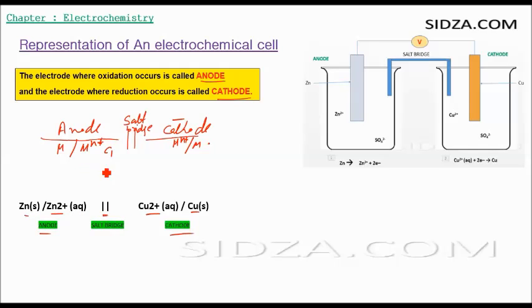So this is how we represent an electrochemical cell: vertical lines representing the salt bridge, left side anode, right side cathode, right? Anode as metal by metal ion, and the cathode as metal ion by metal.